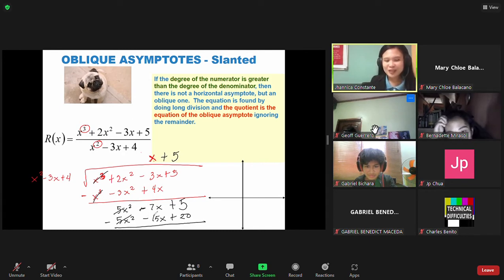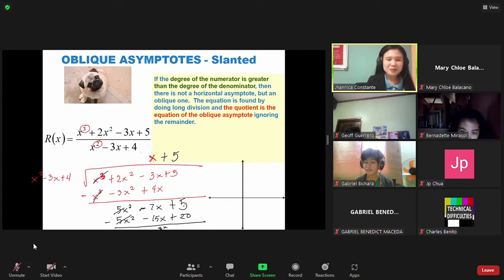So 5x squared will be canceled out. Negative 7x minus negative 15x is equal to positive 8x. And 5 minus 20 is equal to negative 15.